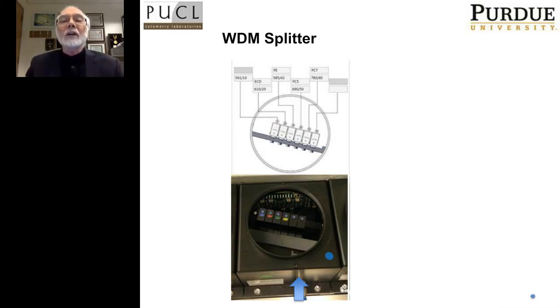And just above it, you'll see a diagrammatic representation of the same thing. So you'll see some above the bandpass filters going through to some detectors. So this is what I would call a wavelength division multiplexing splitter.